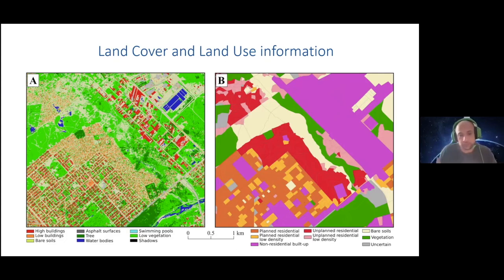We need to understand, first of all, the physical signature of the ground of a city, and also its use by people. Here we see on the left a very high resolution land cover, and on the right the same region in terms of land use at the street block level. By land use, we mean the type of neighborhood or the density of the neighborhood, which are very important for characterizing urban populations and urban morphology.